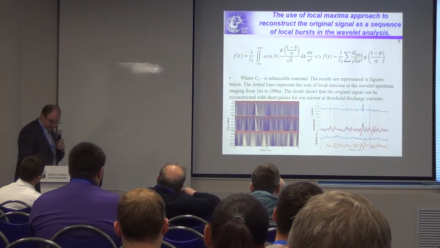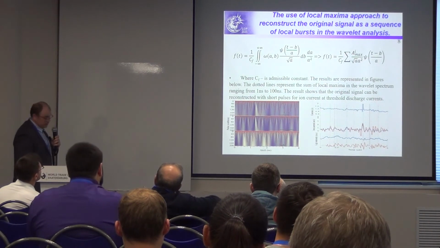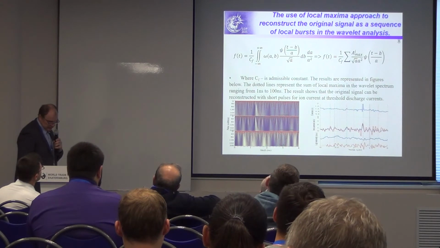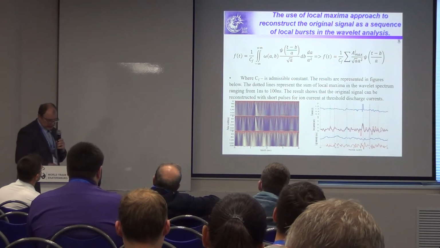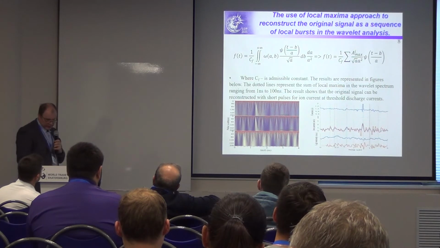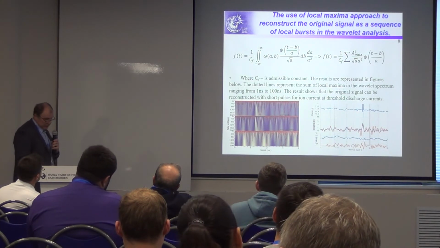The question is how the presence of ion current bursts can be quantitatively estimated.